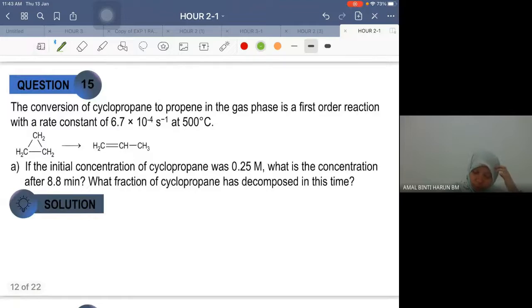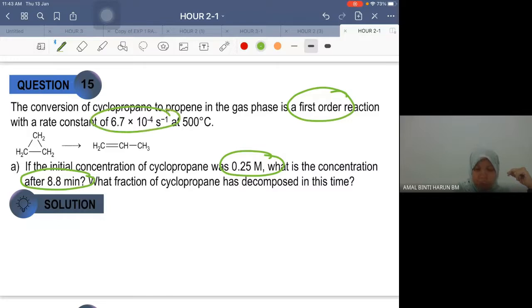Okay, so ni pun sama juga, first order, lepas tu initial concentration dia 0.25 molar. Apa concentration dia selepas 8.8 minit? Okay, bila diberi K. Tengok daripada K, kita tengok unit dia per second, so it is first order. Kalau soalan tak bagi pun, kita boleh predict dia adalah first order.